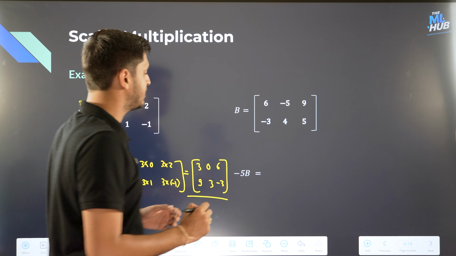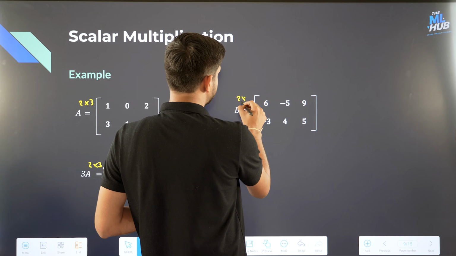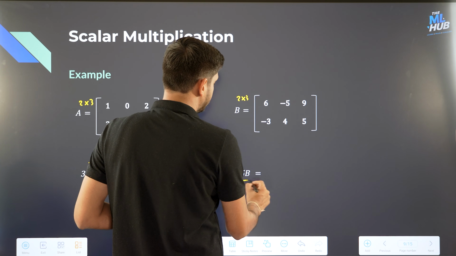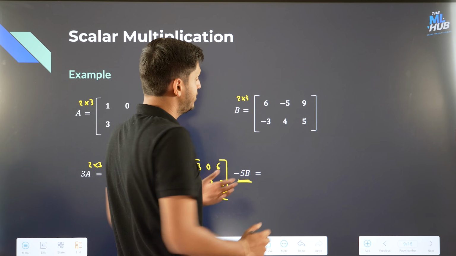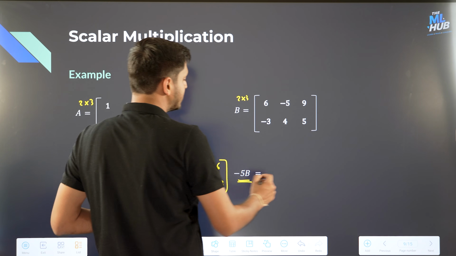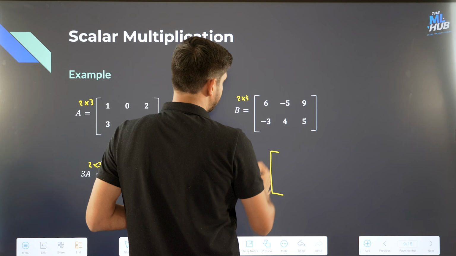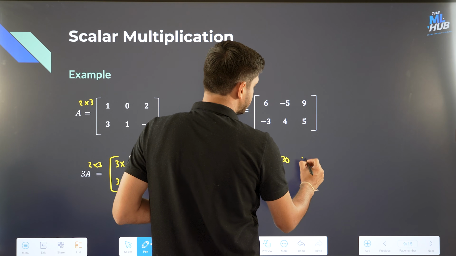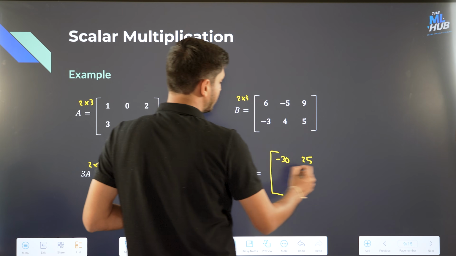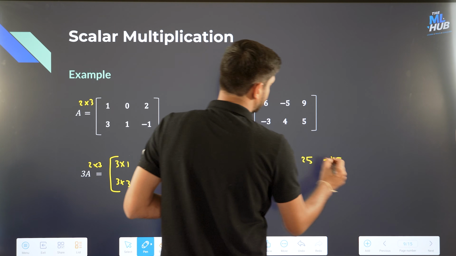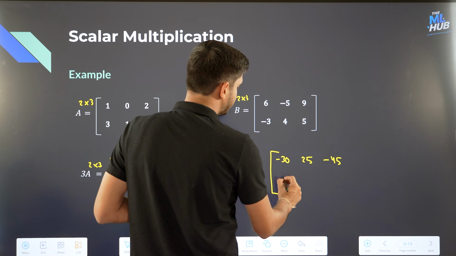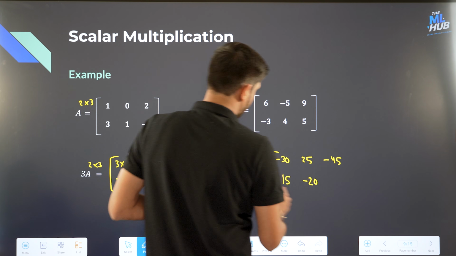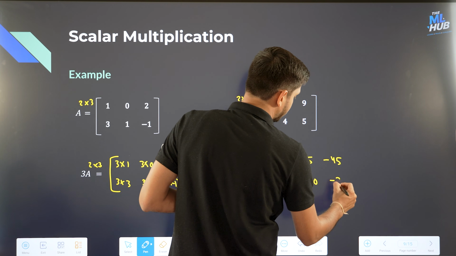Here again we have a matrix B. This is also a 2 cross 3 matrix, which means 2 rows and 3 columns, and we have to multiply it by minus 5, which means every element will be multiplied by minus 5. So 6 times minus 5 is minus 30, minus 5 times minus 5 is plus 25, 9 times minus 5 is minus 45, then minus 3 times minus 5 is plus 15, then minus 5 times 4 is minus 20, and minus 5 times 5 is minus 25.